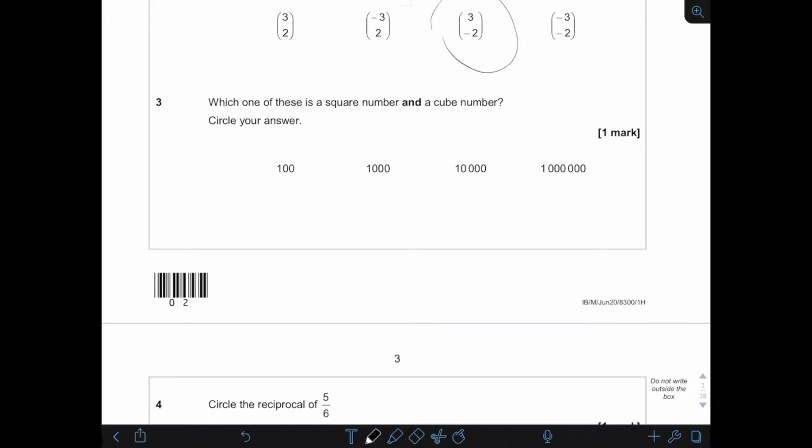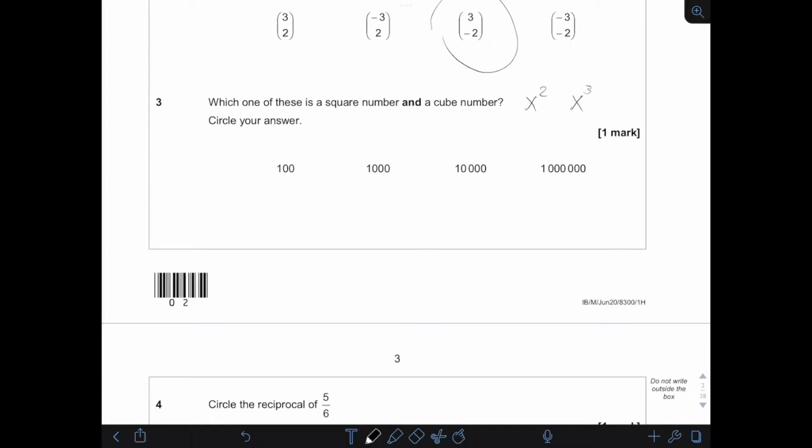Okay, now, which one of these is both a square number and a cube number? So you need to fulfil both aspects. A square number is a number multiplied by itself, and a cube number is a number multiplied by itself 3 times.